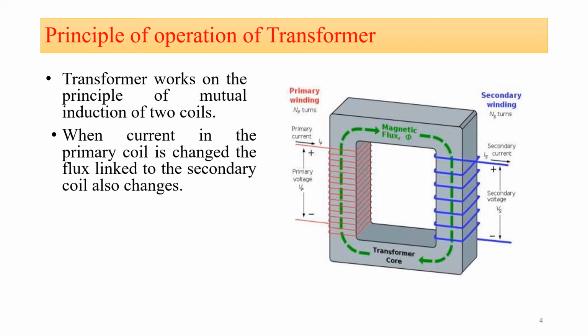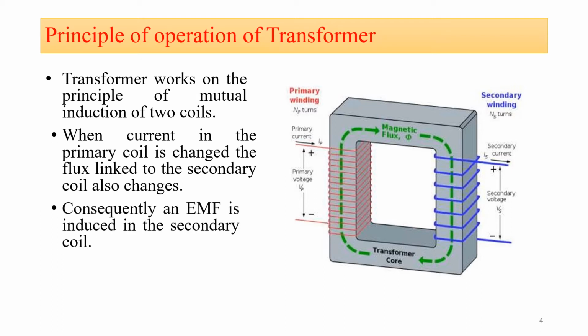When the current in the primary coil is changed, then the flux linked to the secondary coil will also change, and consequently an EMF is induced in the secondary coil. This is the principle of operation of the conventional type of transformer.